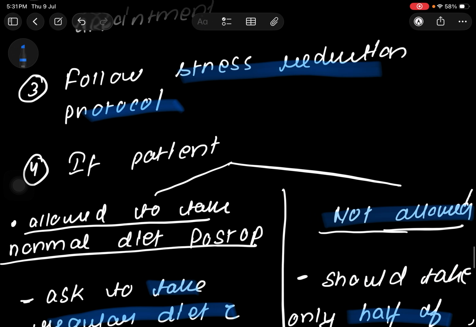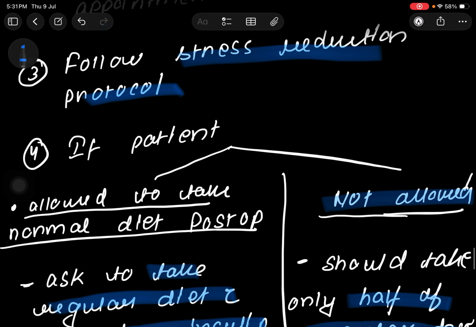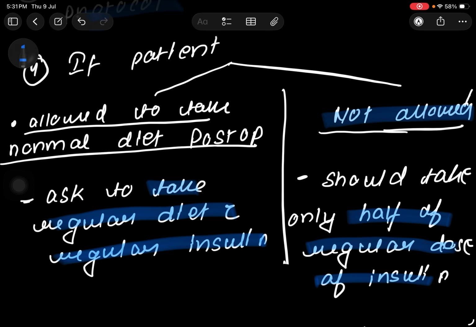We have to follow the stress reduction protocol, and if the patient is allowed to take a normal diet after surgery, advise the patient to take a normal diet along with the normal dose of insulin. And if the patient is not allowed, then he or she should halve the usual dose of insulin.